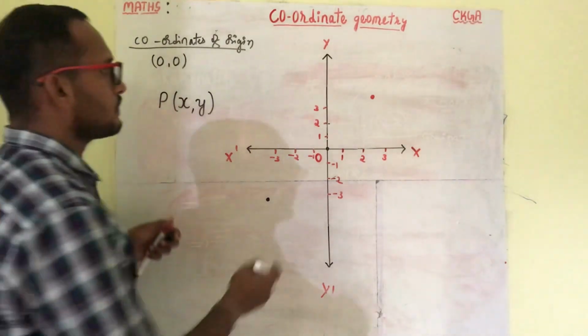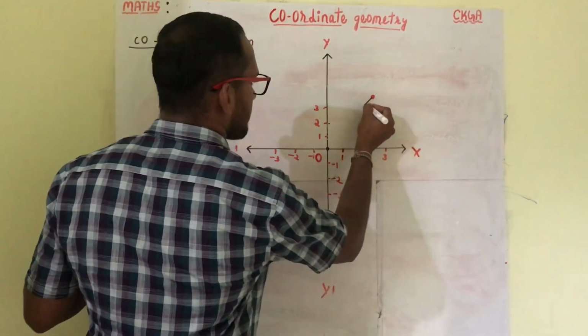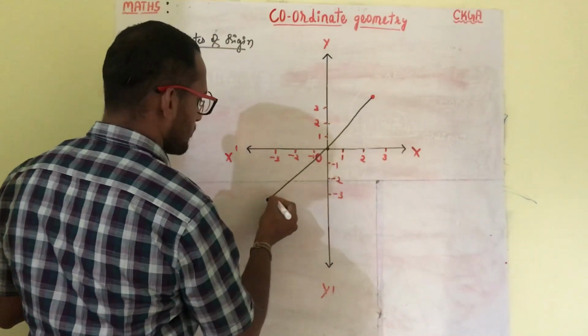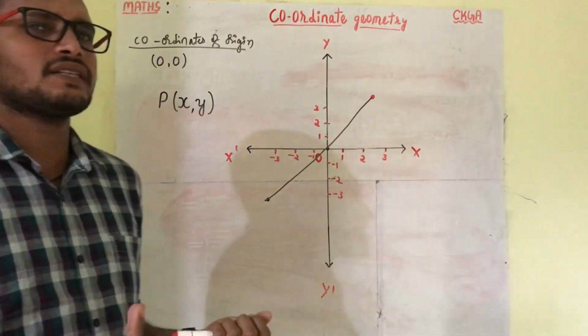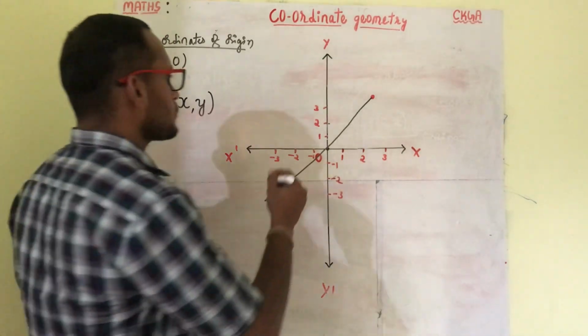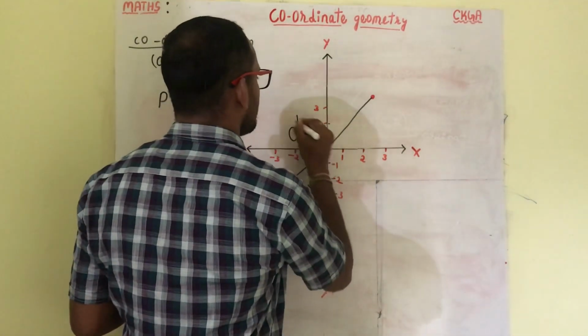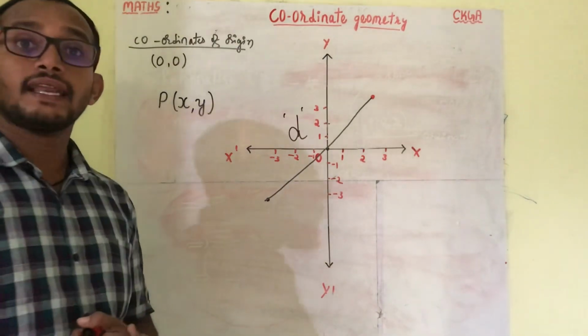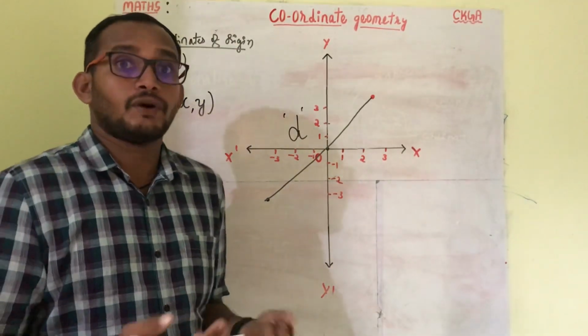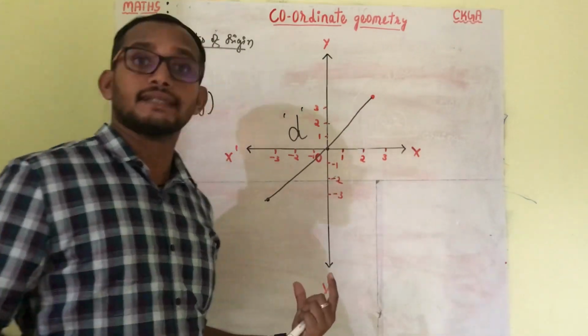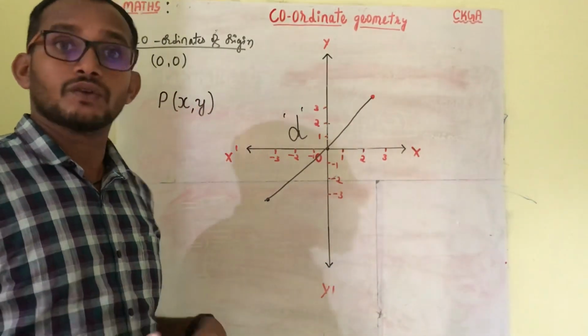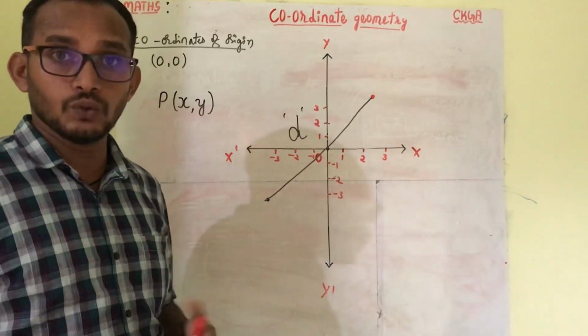The question is, if I join them, it creates a distance. Is there any possibility to find the distance between two distinct points on a Cartesian plane, by using some strategy or some rule?